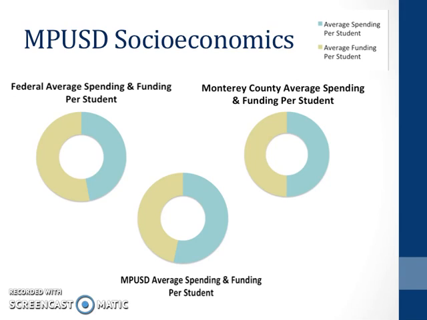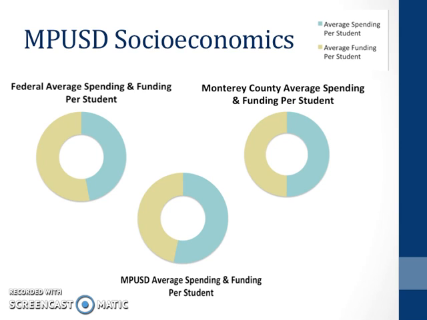This shows a little more about the spending-to-funding ratio for MPUSD. The yellow color on the left is for funding, so you want a lot more yellow. You want more money coming in than the blue color, which is the student spending leaving the district.